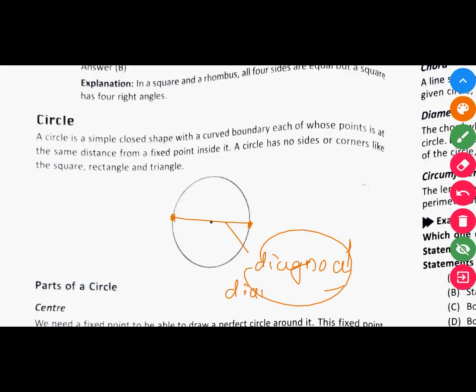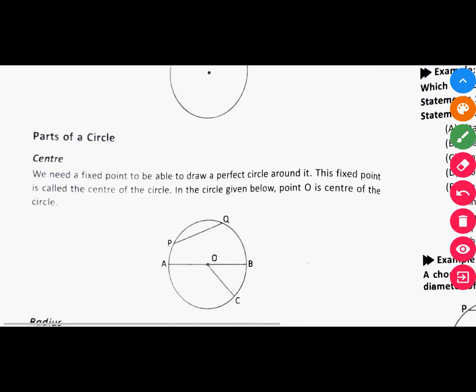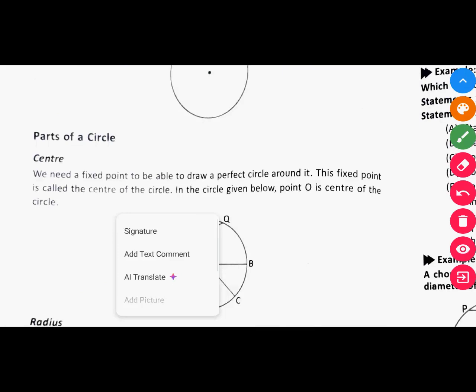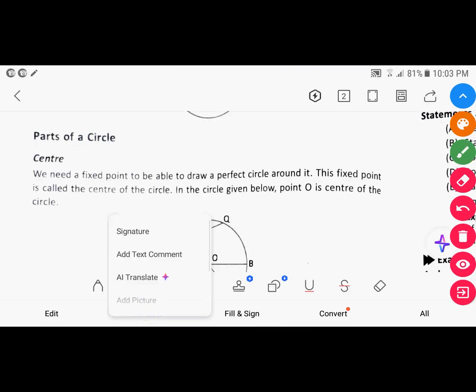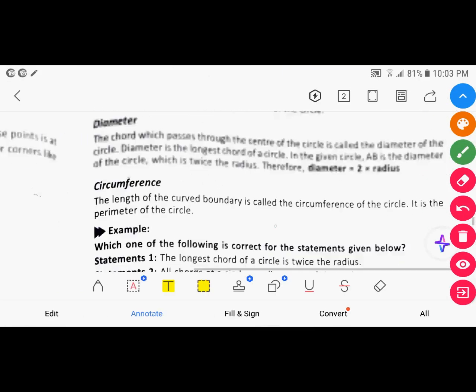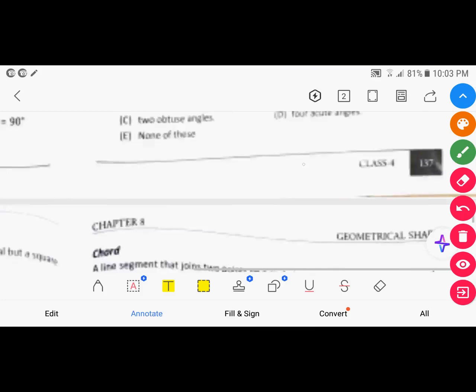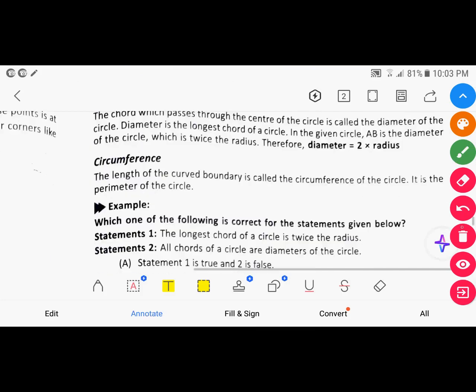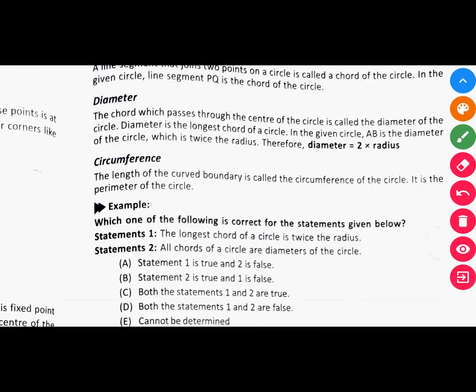It is called the diameter of the circle. When 2 points on the circumference of the circle meet each other, but that line segment passes through the center of the circle, it is known as the diameter of the circle. So the diameter of the circle is always double its radius.